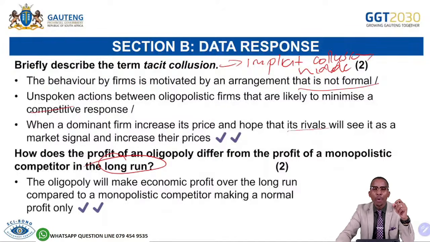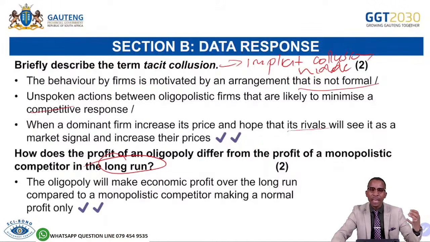The firm under monopolistic competition enjoys normal profit in the long run. Why? It becomes normal profit in the long run due to the fact that under monopolistic competition, market entry is free. New firms are free to enter the market and they can leave anytime as they wish. For that reason, there are no barriers to entry, which increases the competition.